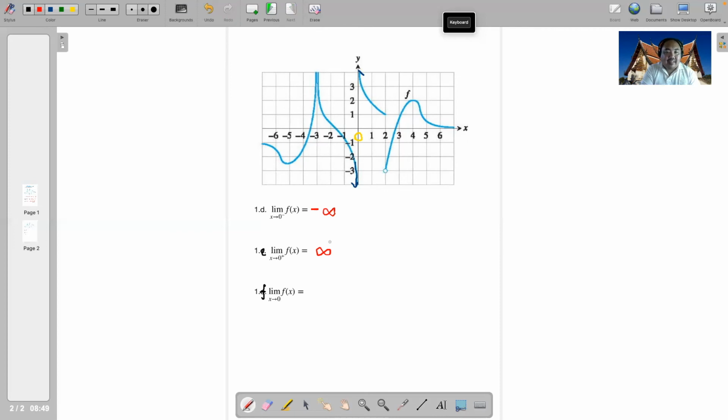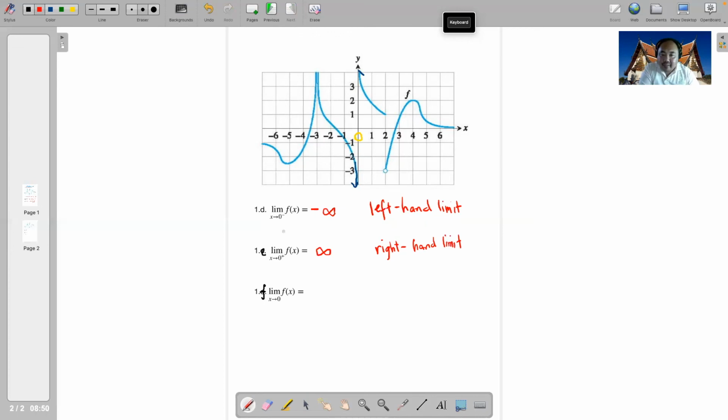And so we get to the last question. What is the limit of this function as x approaches 0? This time, no left, no right, just at 0. Recall that your left-hand limit is this, and it is negative infinity. And recall that your right-hand limit is this, which is positive infinity.